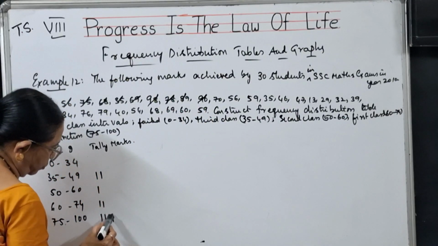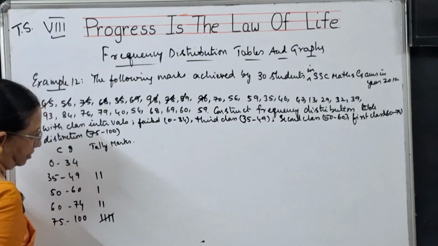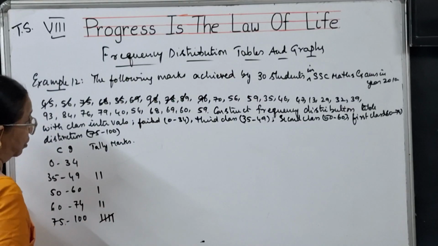See, after writing 4, the fifth one you have to cross it. It is like a bunch of 5.